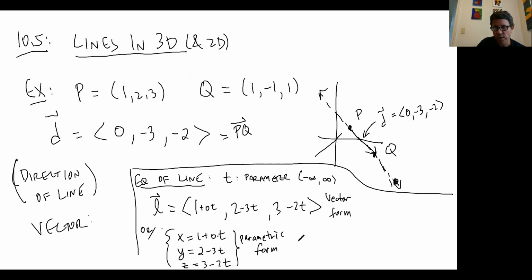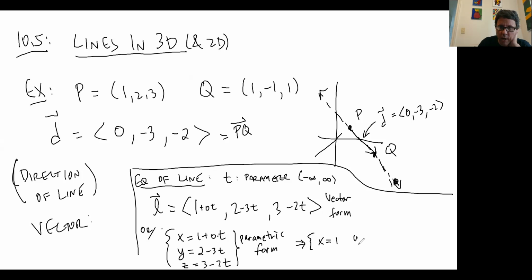What I could do, and this is kind of sneaky, is I could say, well, look, why do I have to write t, t, t over and over? I could just write it like this, where x is equal to 1. x will always be equal to 1. But let's solve for t in each of these last 2 equations. And since they're the same t, let's just set them equal to each other. So what do I get if I solve for t in the second equation?